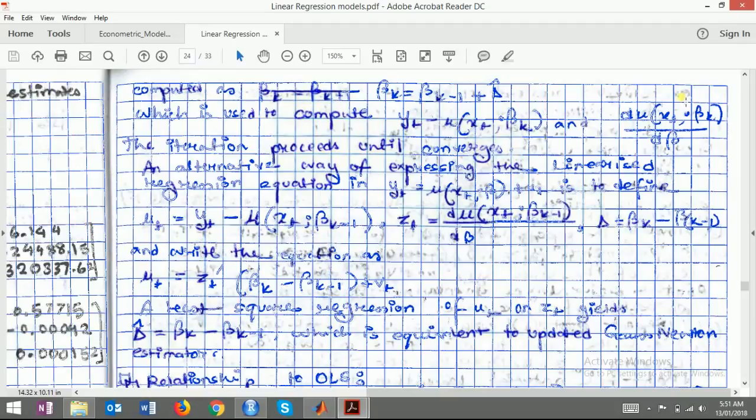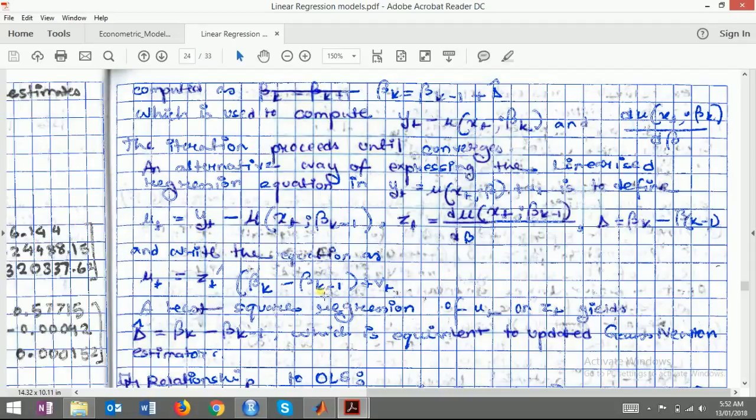An alternative way of expressing the linearized regression equation in yt equals mu of xt plus ut is to define ut equal to yt minus mu of xt, beta k minus 1, and zt as the derivative of mu of xt, beta k minus 1 with respect to beta, and this is the delta form. So write the equation as ut equals zt transpose beta k minus 1 plus vt, an important equation.